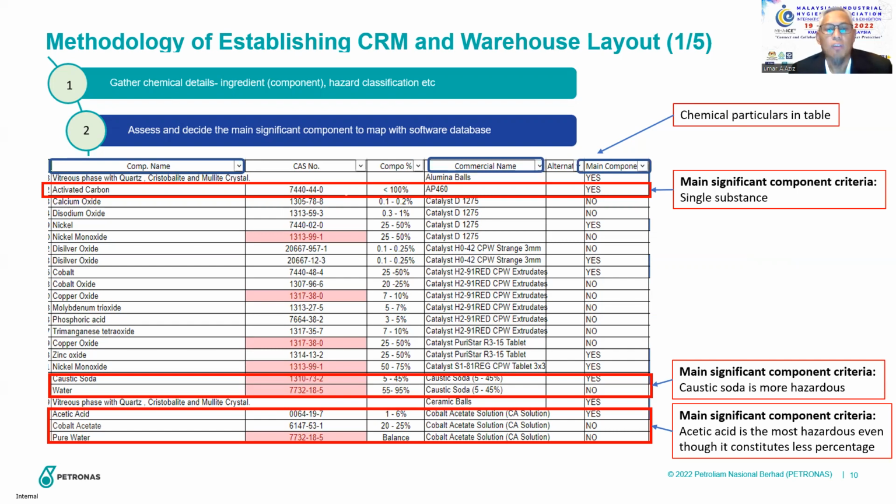Or if all the compositions or ingredients have the same hazard category, then we choose the one with the highest percentage as the main component of that chemical. So that's the preparation that we need to establish before we can use the software.